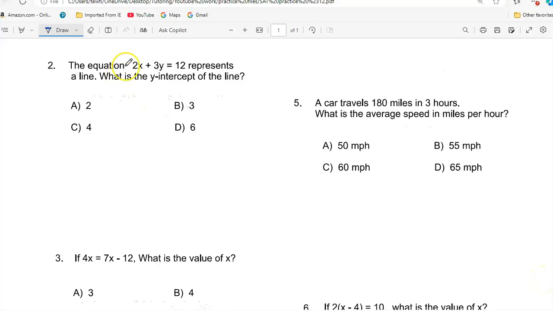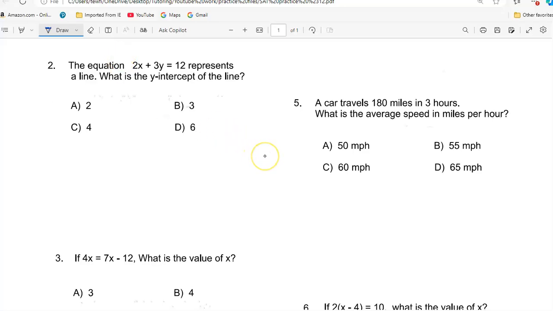The equation 2x plus 3y equals 12 represents a line. What is the y-intercept of the line? You don't have to solve it for y and find the y-intercept, which is b. You just ask, when is the line going to cut the y-axis? When x is 0.